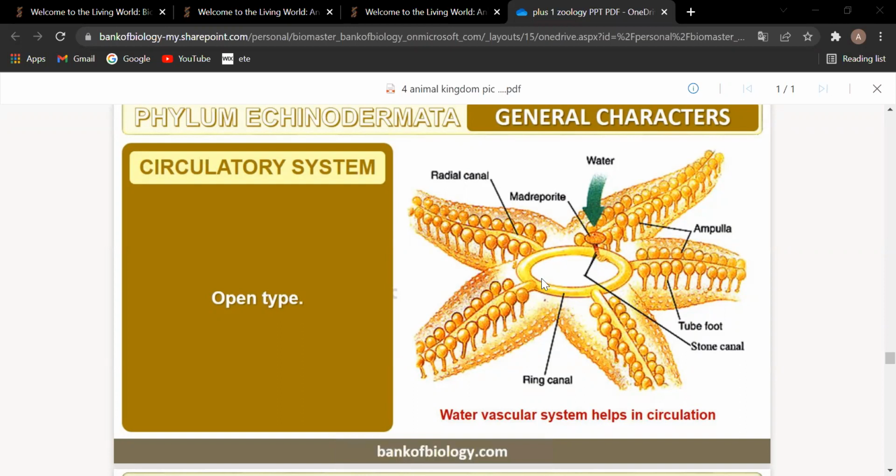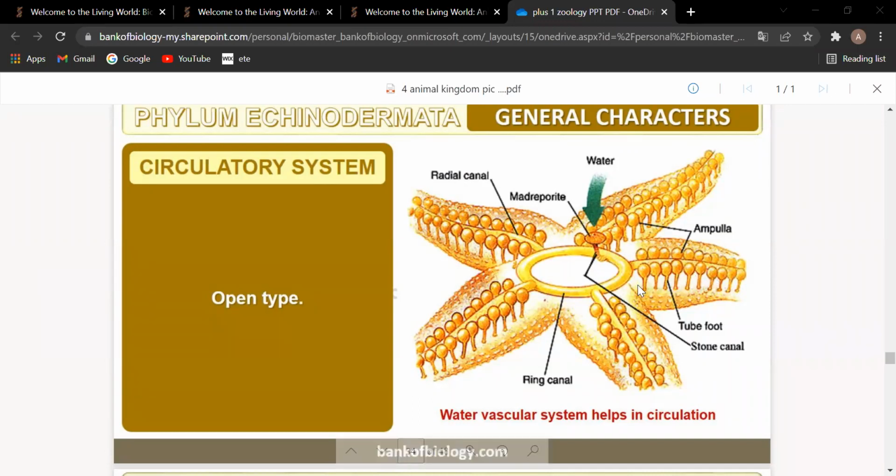These are going to get filled with water and are called the radial canals. The water will fill the whole ring, go from the ring into the radial canals, and be transported into all five radial canals. From the radial canals they will enter into the tube feet.